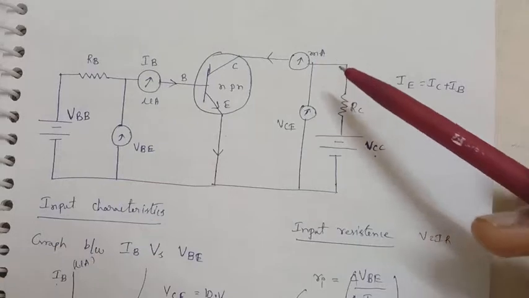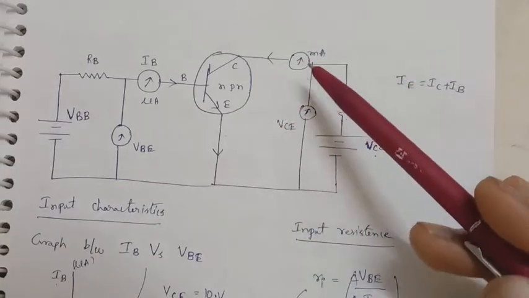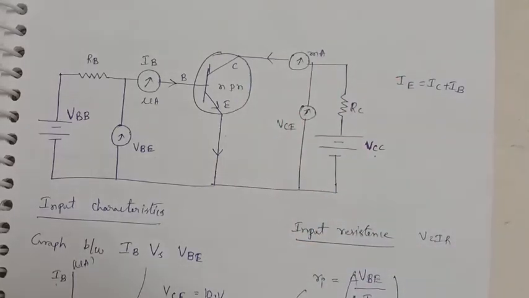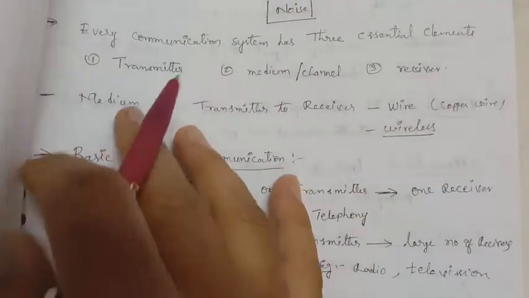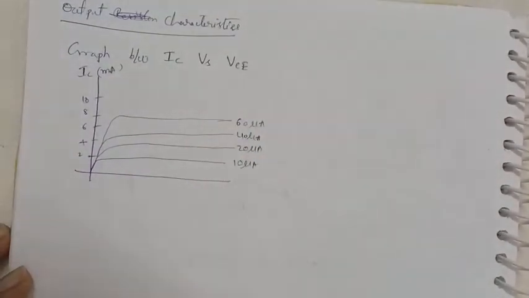So the change in voltage VCE to the output current IC, then we can study the output characteristics of the transistor, IC versus VCE, at a constant base current.